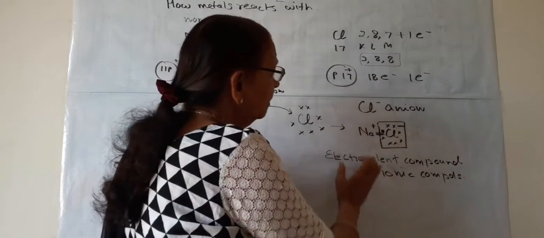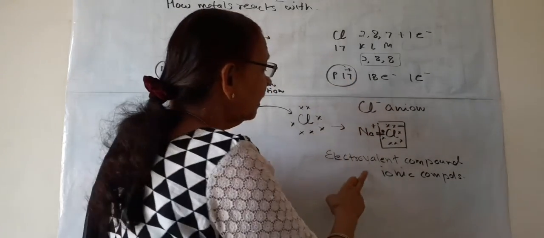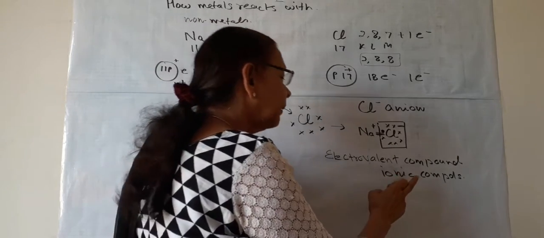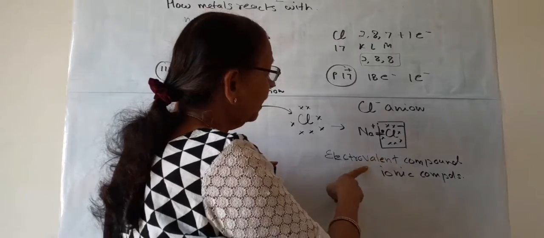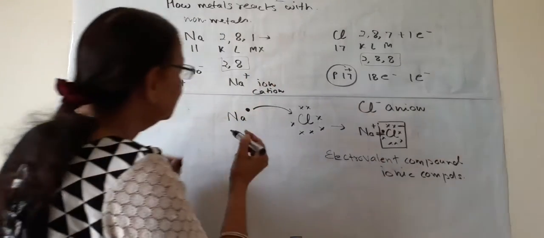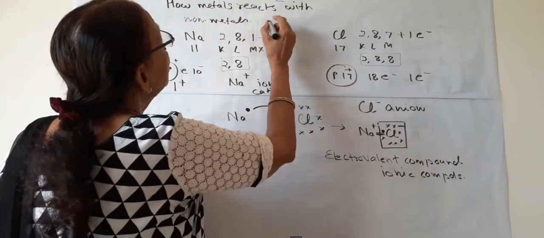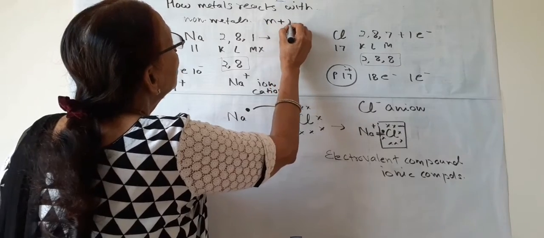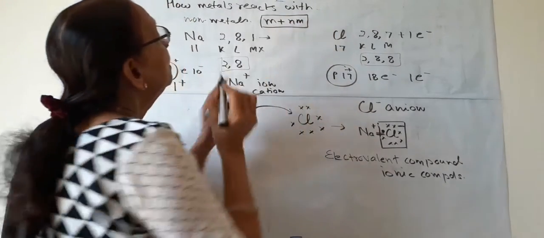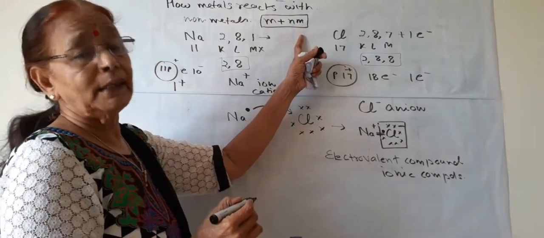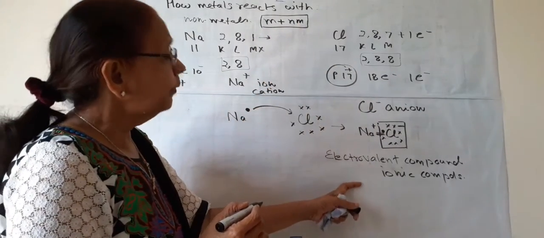This bonding is known as electrovalent bonding or ionic bonding, and it is always between metal and non-metal. You remember this thing? Metal and non-metal form ionic bonding.